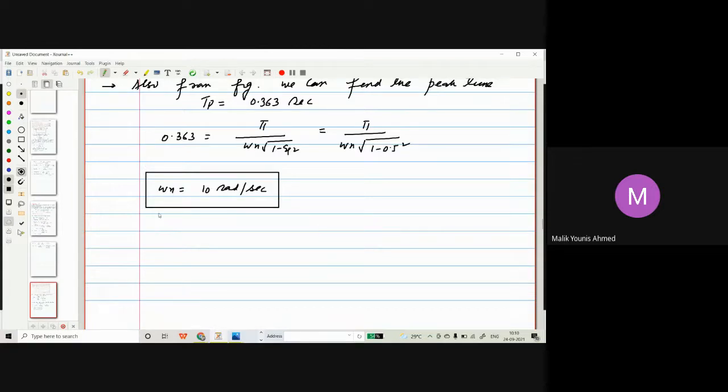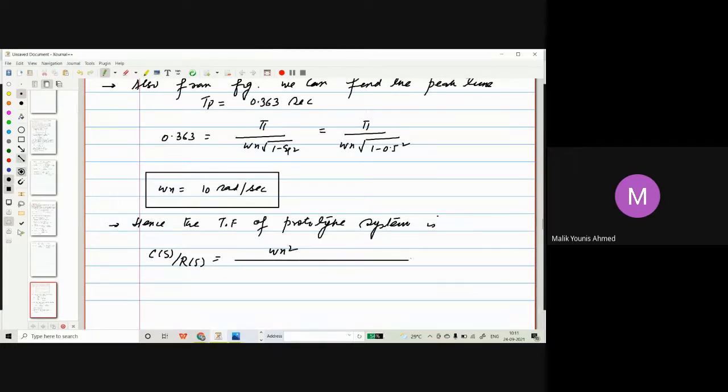Now hence the transfer function of the prototype system is C of s divided by R of s is equal to omega n square divided by s square plus 2 xi omega n s plus omega n square.